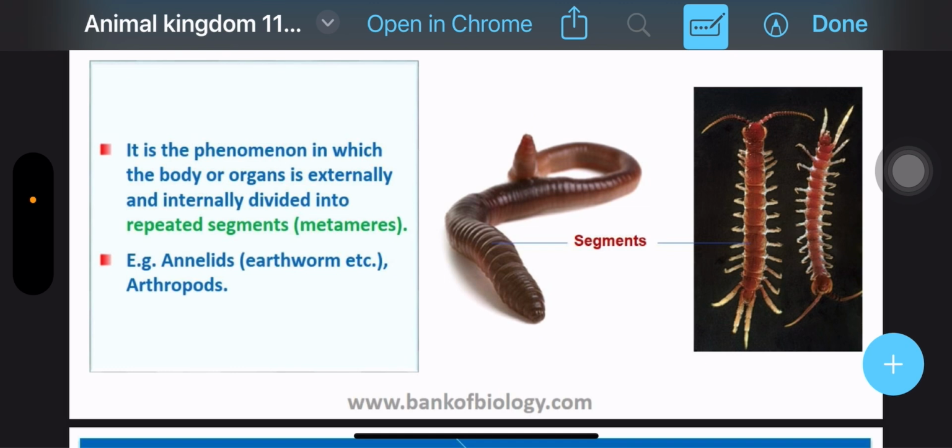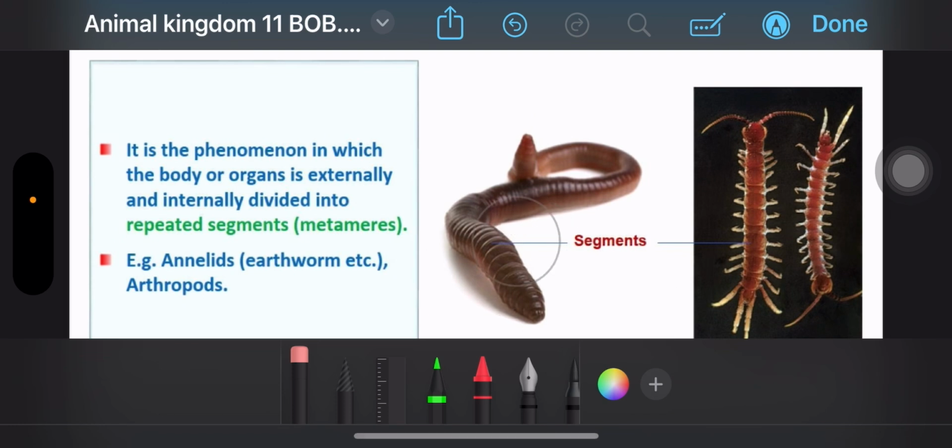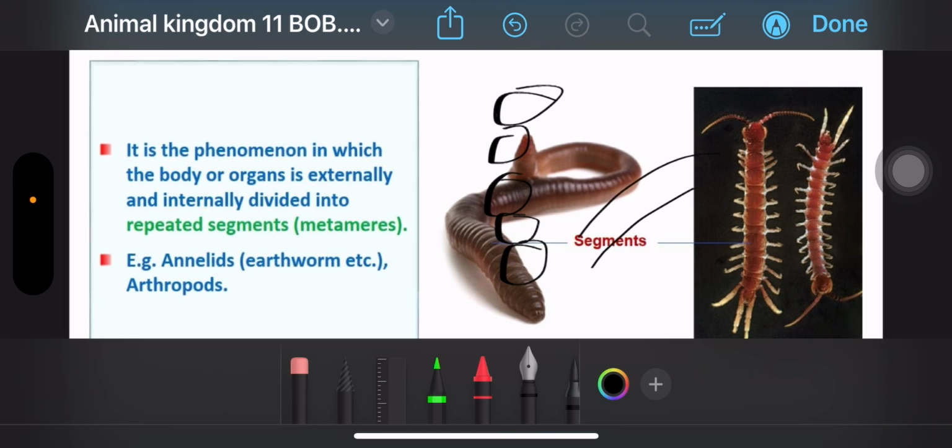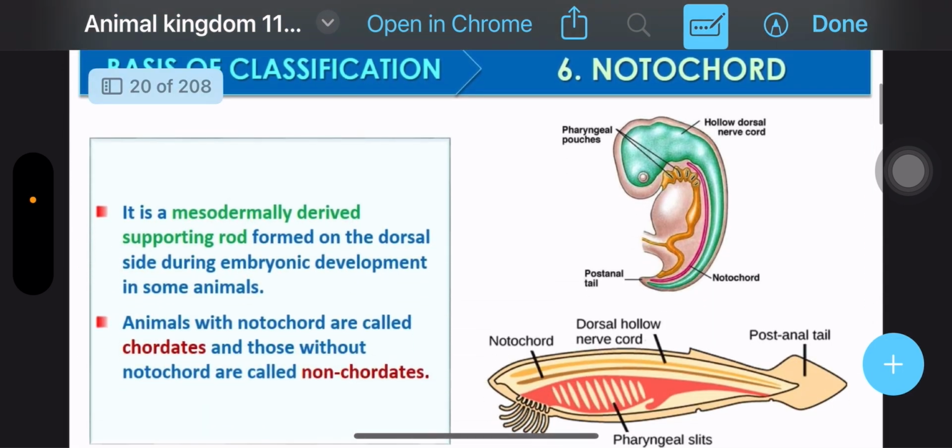Metamerism means body segmentation into compartments. See how it is: earthworm has body segmentation, like an annulus. Annelida is named so because the body has segmentation, divided internally and externally also. Whereas arthropods have only external division, right?